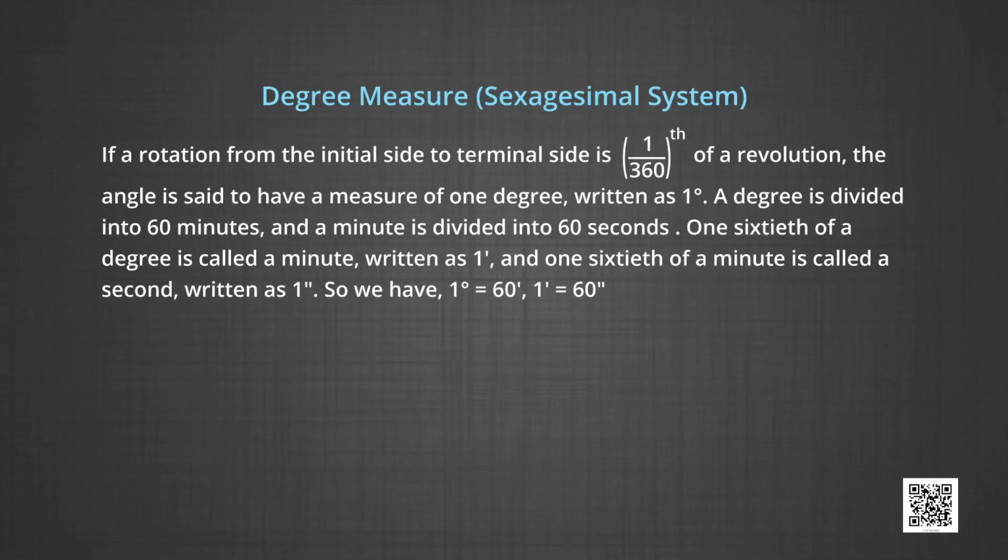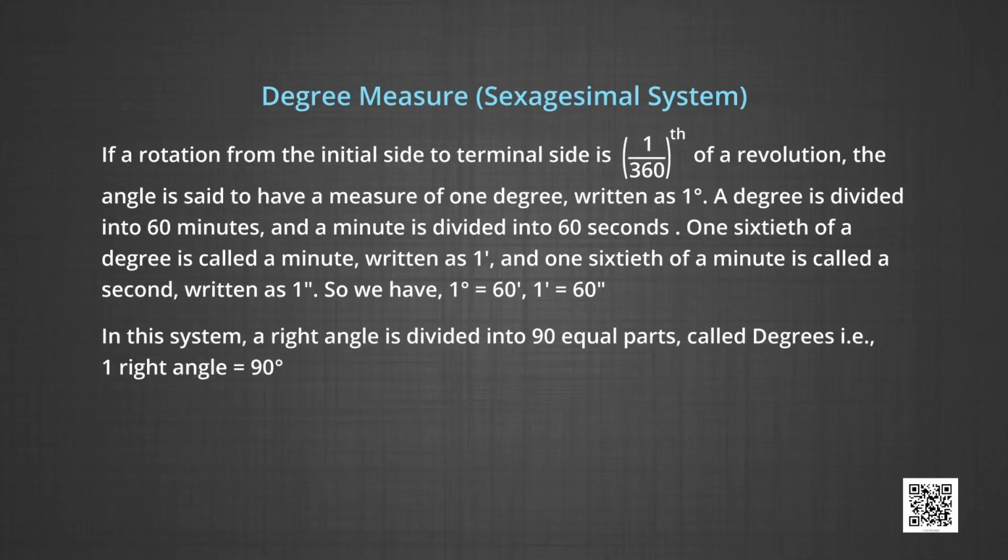Also, 1/60th of a minute is called a second. This is written as 1 double dash. So, we have 1 degree is equal to 60 minutes and 1 minute is equal to 60 seconds. In this system, a right angle is divided into 90 equal parts called degrees. That is, if one right angle is taken, this is going to be equal to 90 degrees.